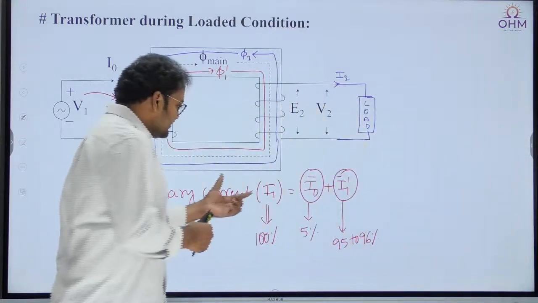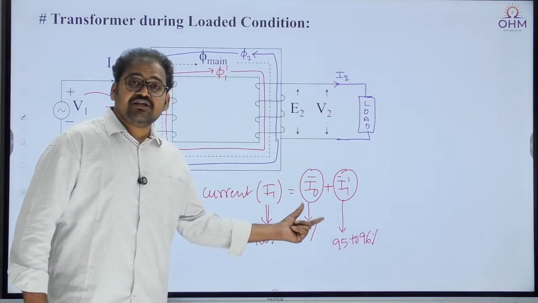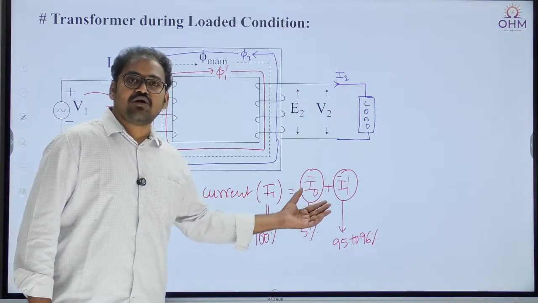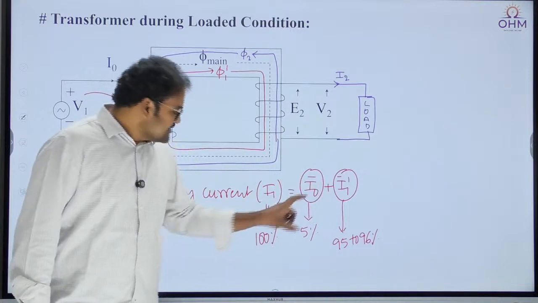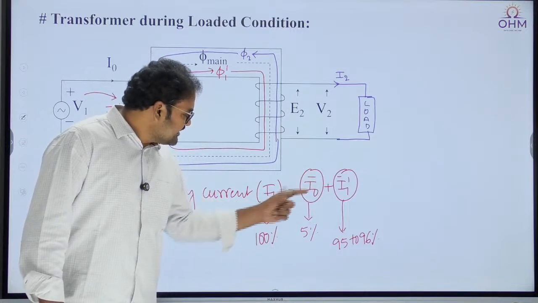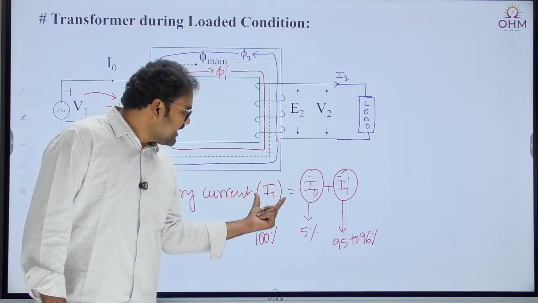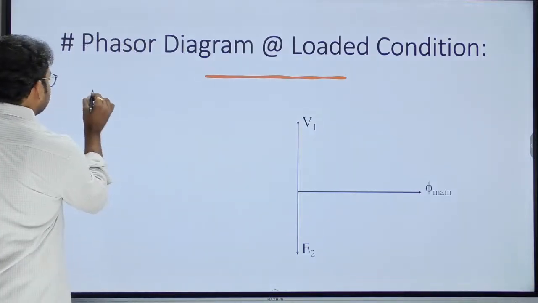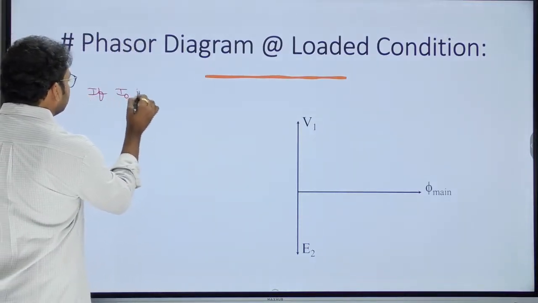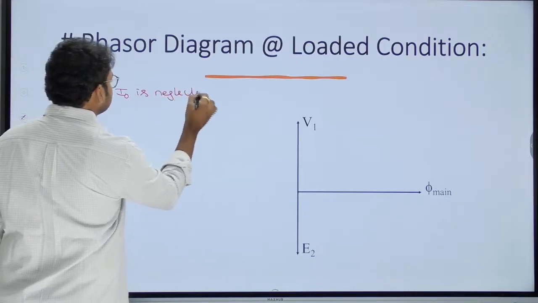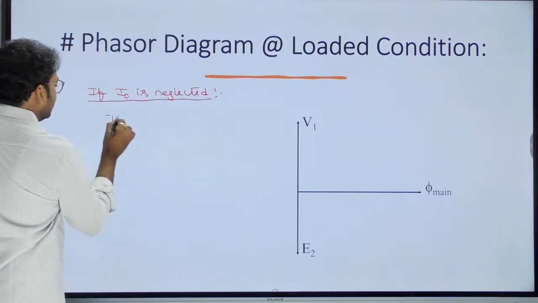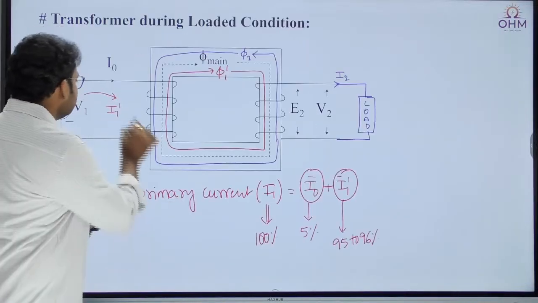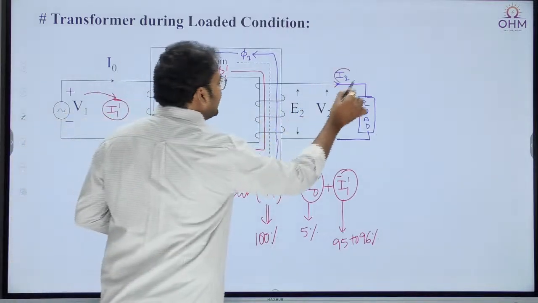Therefore, if you look at this entire equation, which current is very, very small? Yes, no load current I naught is very, very small and you can almost neglect it. Suppose if no load current I naught is neglected, then what is the total primary current? I1 is equal to I1 dash only. And most importantly, this I1 dash and this I2 will have a relation.